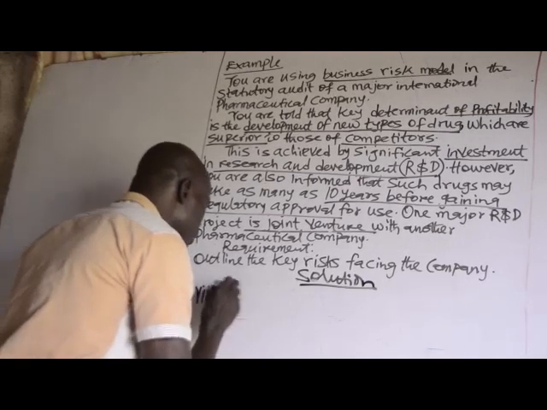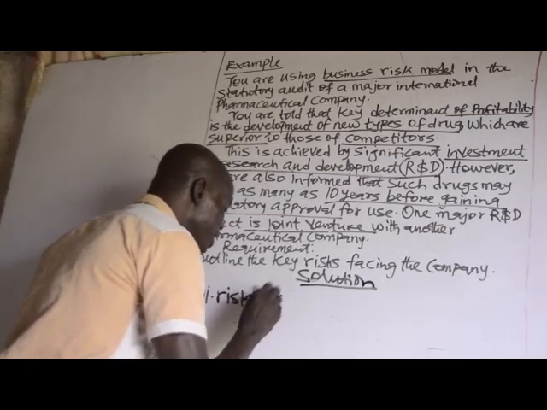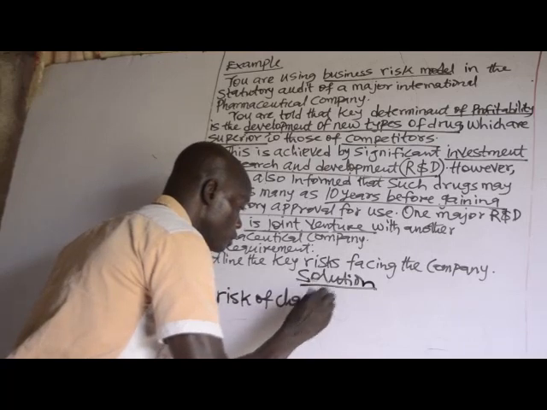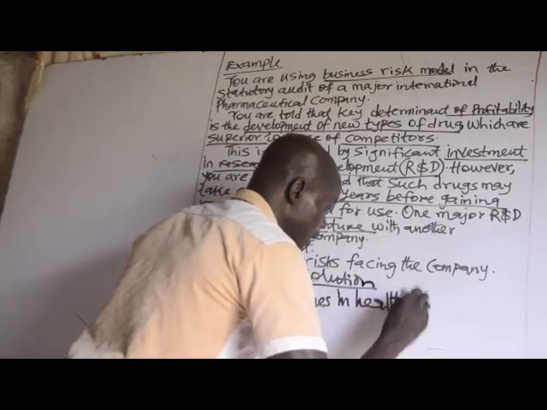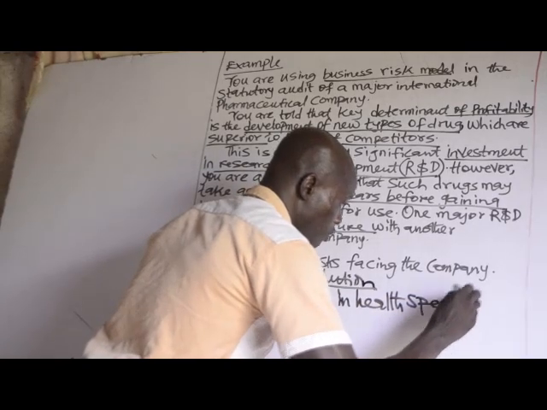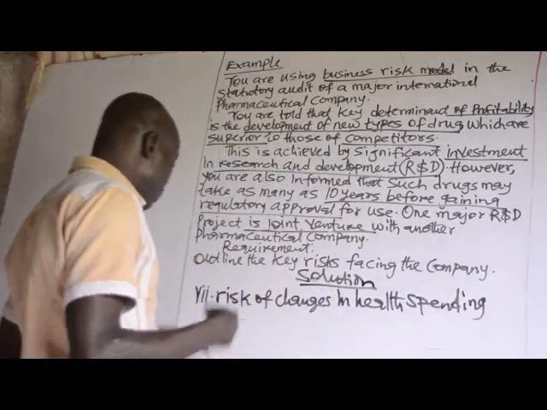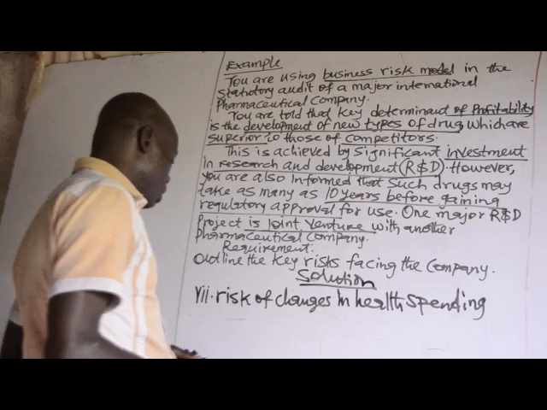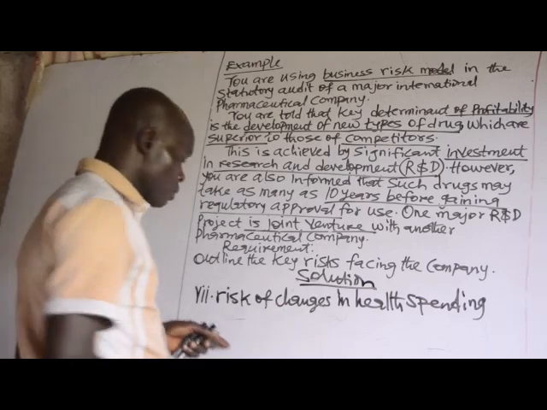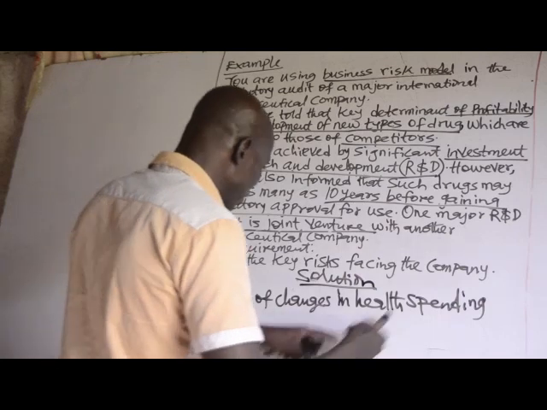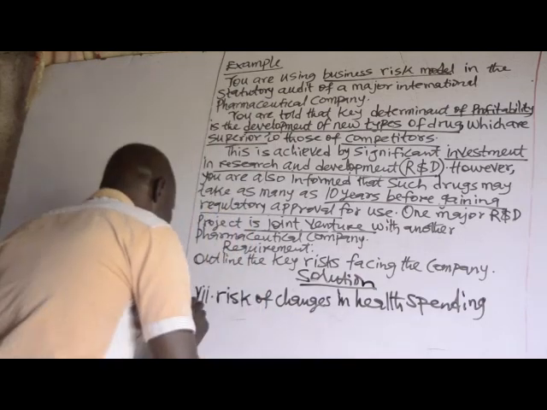Number 7, risk of changes in health spending, where the health spending changes adversely and does not change in favor of the entity. So it poses a significant risk to the entity.